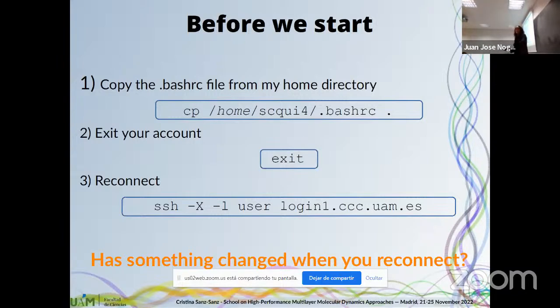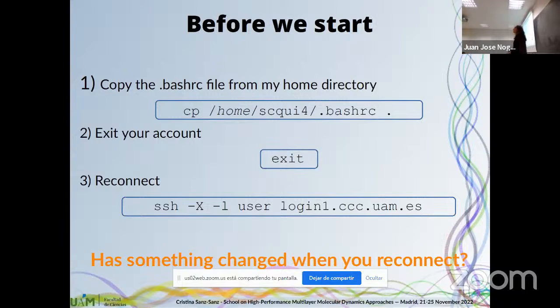And just to make it easier, you can exit the account and log back in again. Okay, please remember to include the X option when you connect, so that we can actually export the X graphics into our computers, that's what the X means.